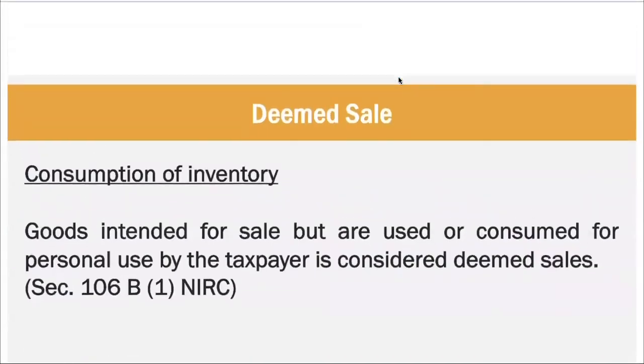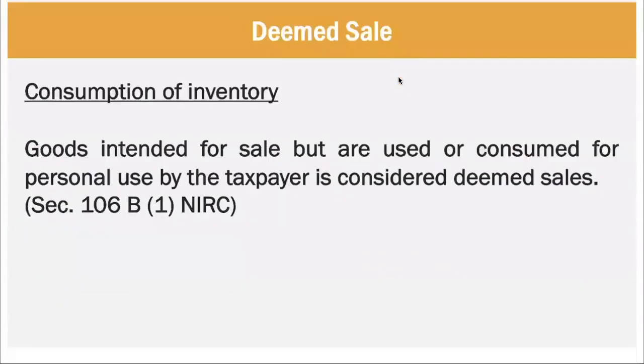So let's start first with your first deemed sale transaction. So we have your consumption of inventory. So goods intended for sale but are used or consumed for personal use by the taxpayer. So sabi nga natin, pag sinabi nating deemed sale, it is a transaction regarding your inventory. However, it is not sold in the ordinary course of your business, but it is transferred or used or consumed by other persons not considered your buyer.